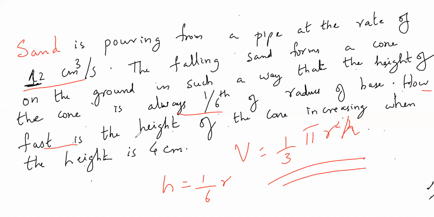How fast is the height of the cone? Fast meaning time, so dh by dt we have to find out. Everything is there. Very easy question. Everyone try to do this and send me the answer on WhatsApp. I'll just drink some water in the meantime.